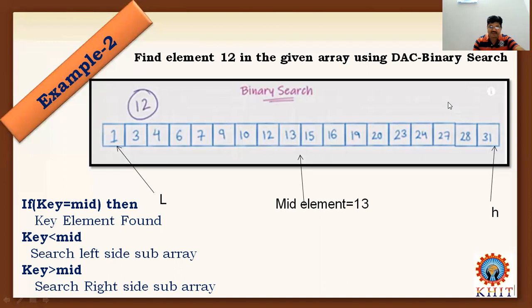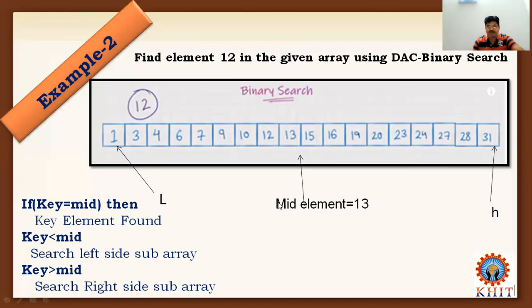Once the condition is satisfied, the first element in the array is considered as low, that is the first array index value. The last element in the array is considered as high, that is the last array index value. And we need to find the middle element.